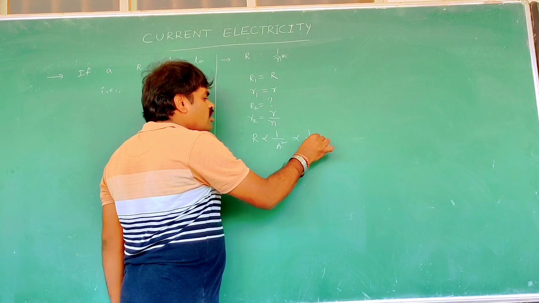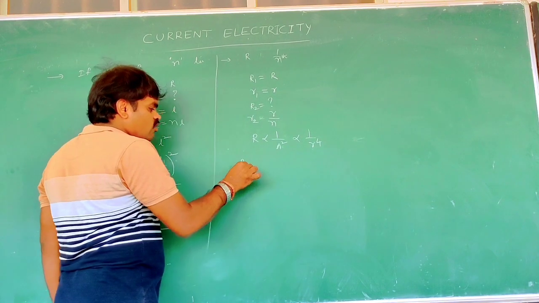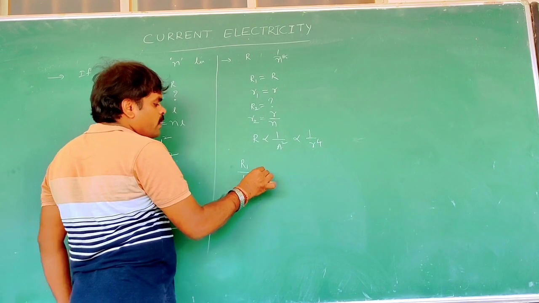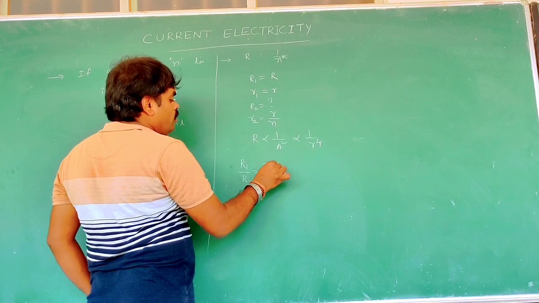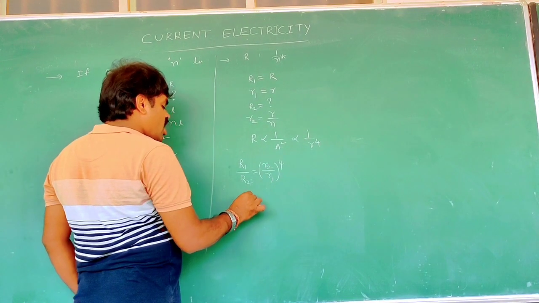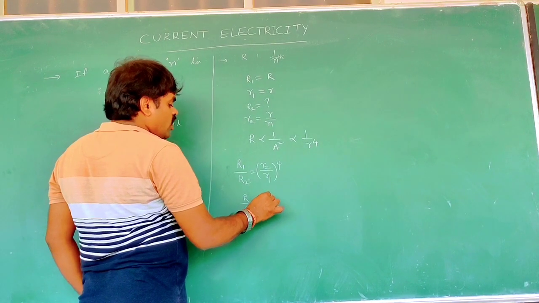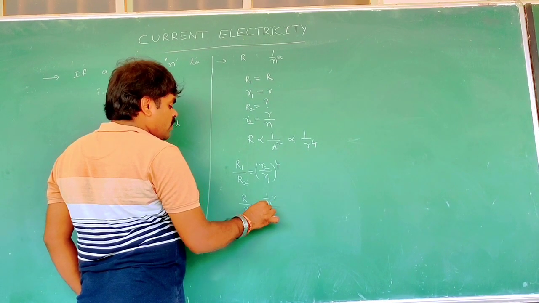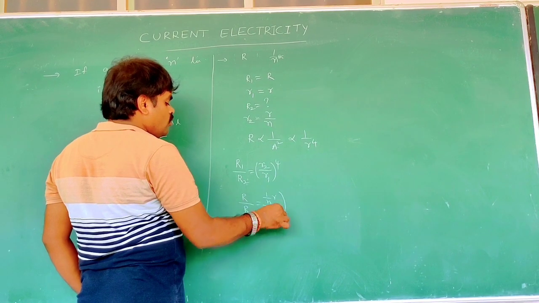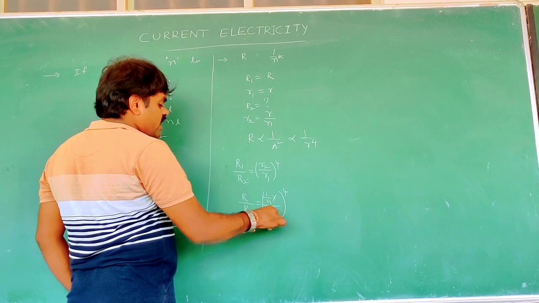Now it is R power of 4. Then R1 by R2 is equal to (R2 by R1) whole power of 4. Then R by R2 is equal to, R2 is 1 by n into R by R1 is R whole power of 4. Then it's cancelled.